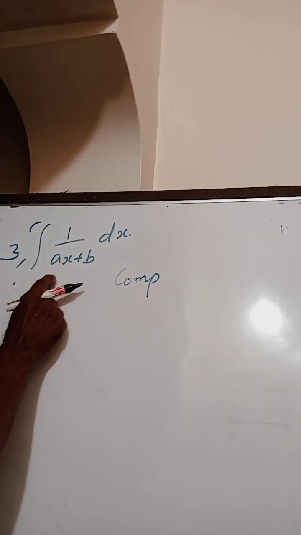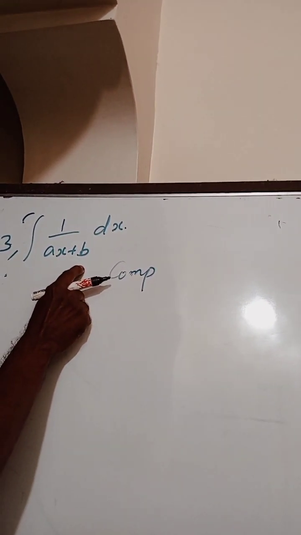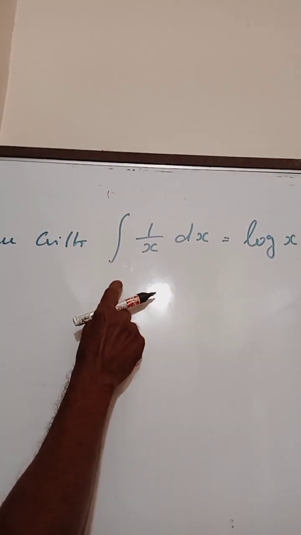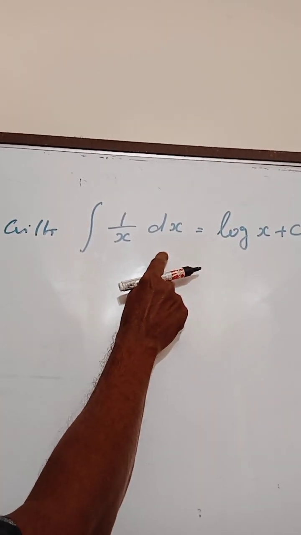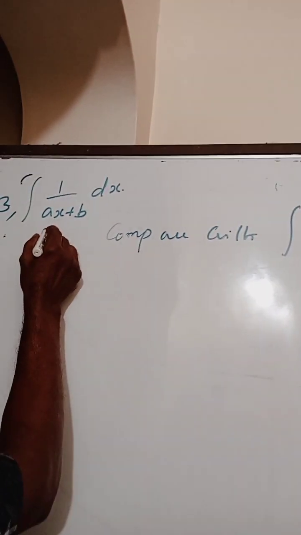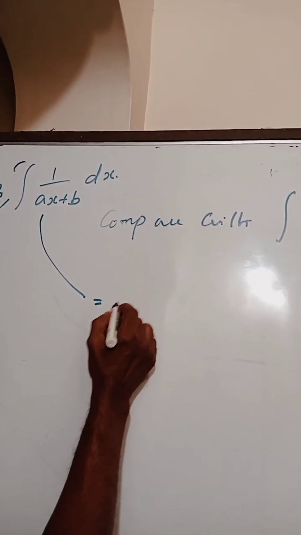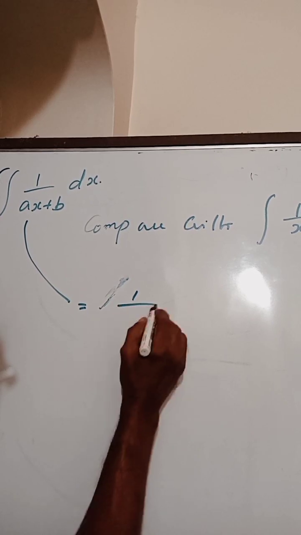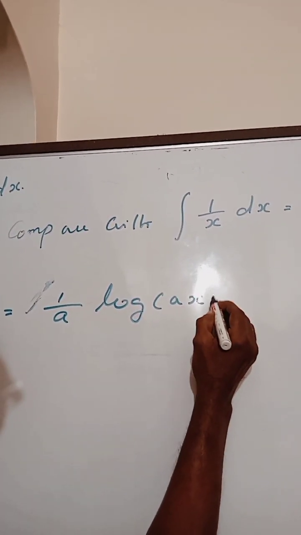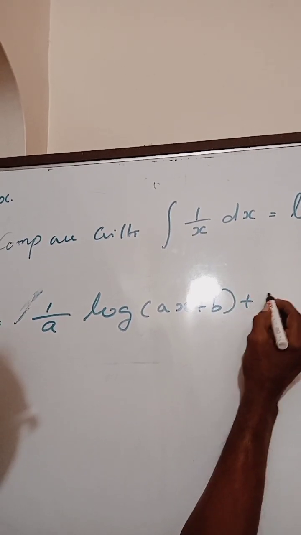Third, integration of 1 by ax plus b into dx. This we have to compare with integration of 1 by x dx is equal to log x plus c. Therefore, this is equal to 1 by a into log of ax plus b plus c.